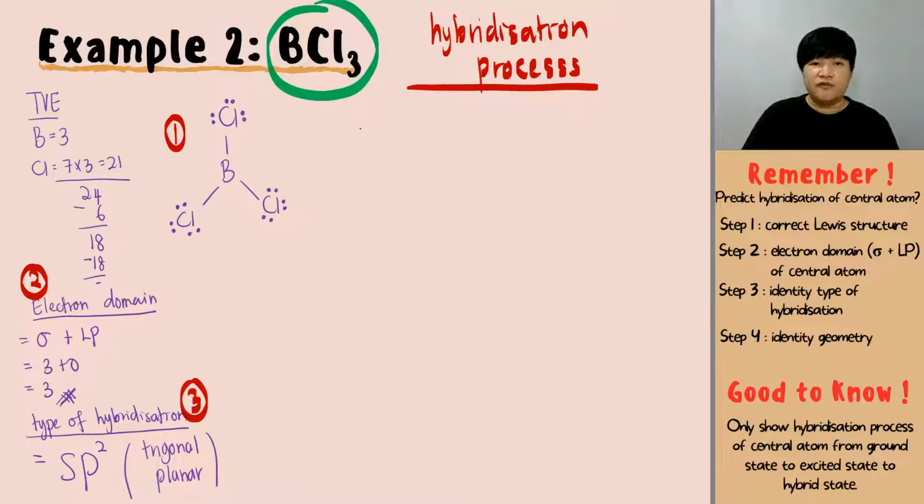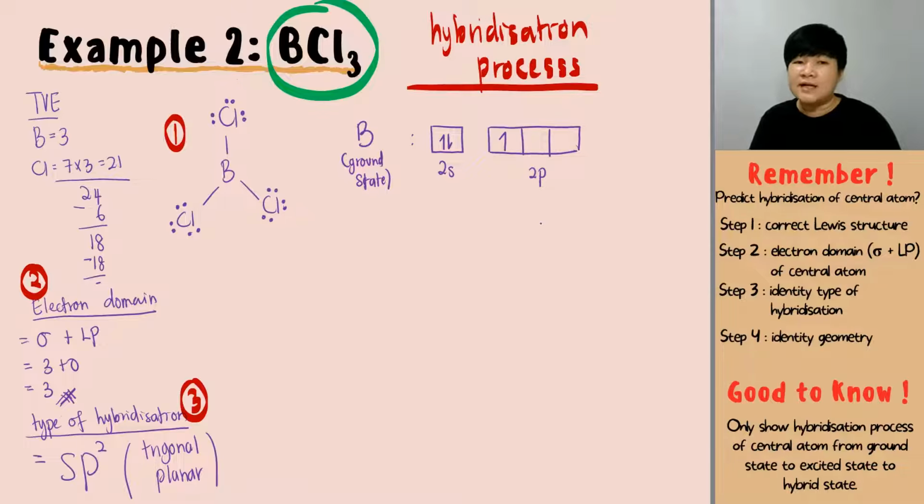So for the central atom boron, the ground state starts off with the valence electron of boron located in 2s2, 2p1. So you have your 2s2, and also you have 2p1, which means you will have 1 electron in the p orbital. That is the valence electron of the boron in the ground state.